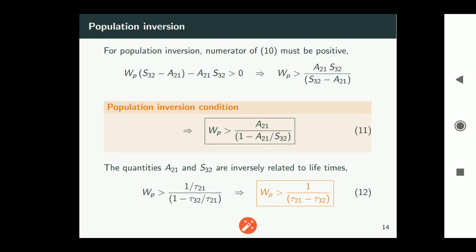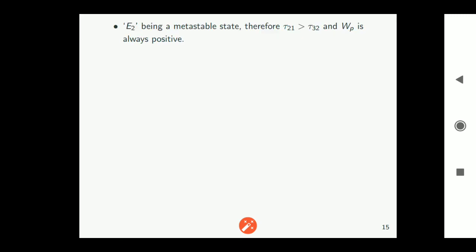Now E2 being a metastable state, tau 21 will always be greater than tau 32, and Wp is always positive. Therefore the entire quantity on the RHS is greater than 0.